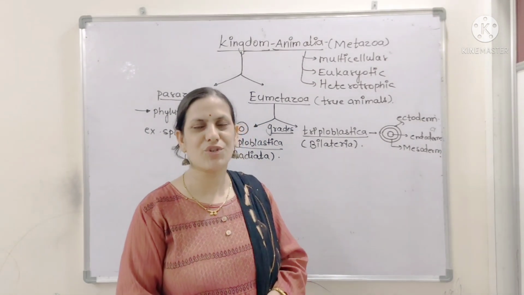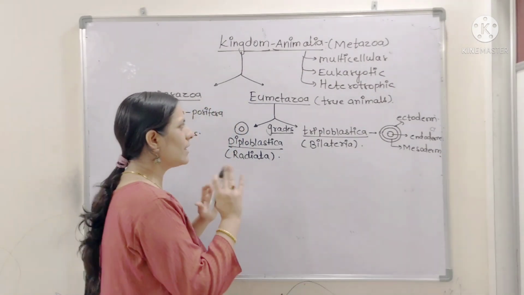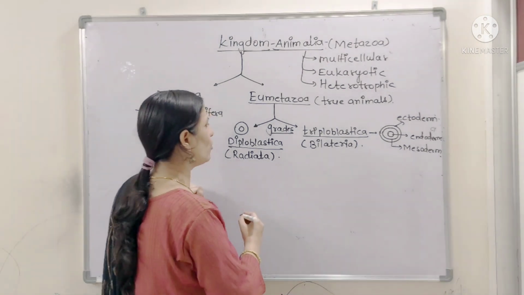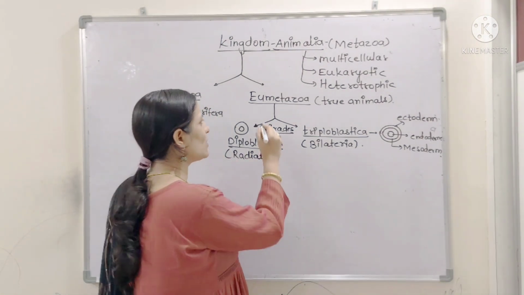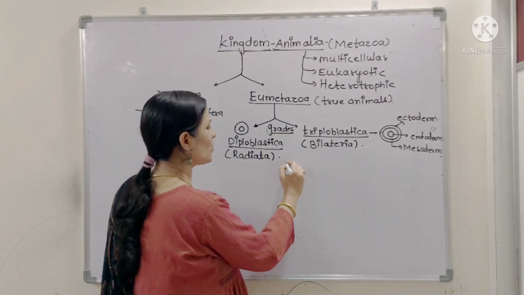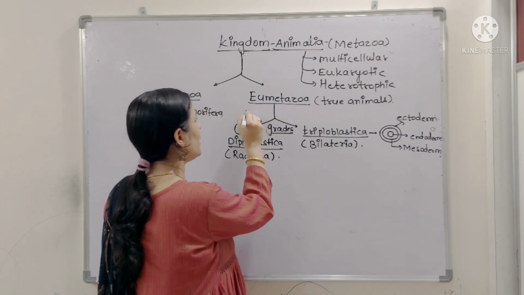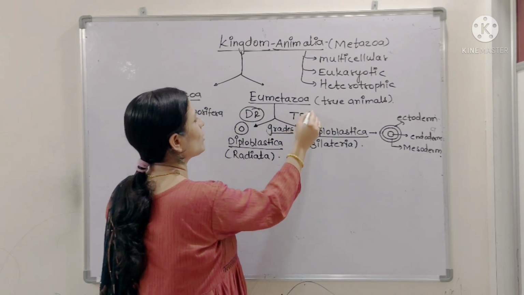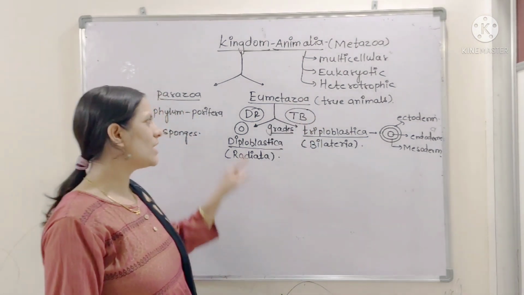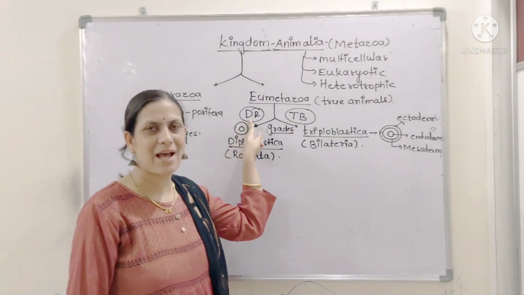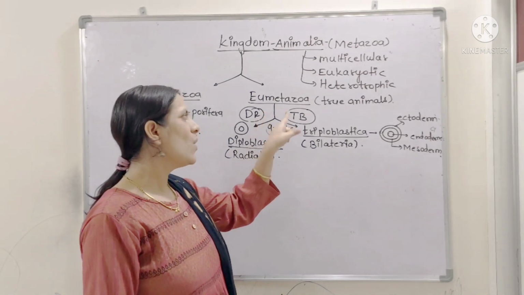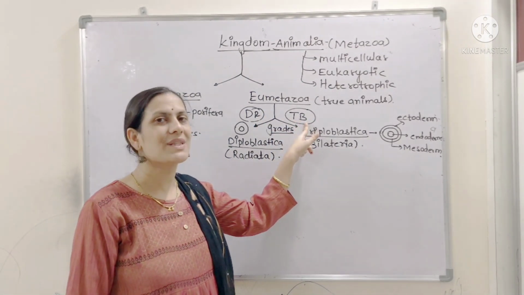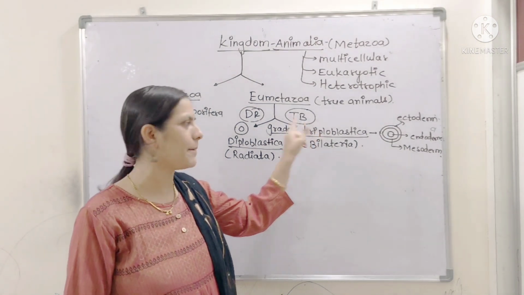You could remember a short form here, so that in a hurry you do not make a mistake: Doctor of TB. Doctor of TB means all the diploblastic animals have radial symmetry, while all the triploblastic animals have bilateral symmetry, with some exceptional cases.